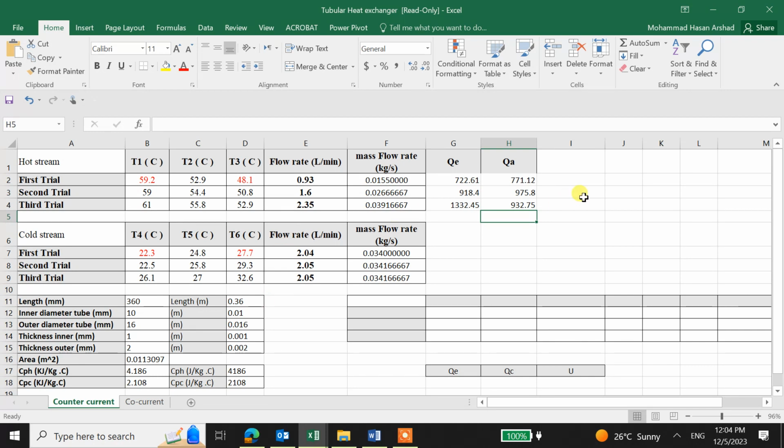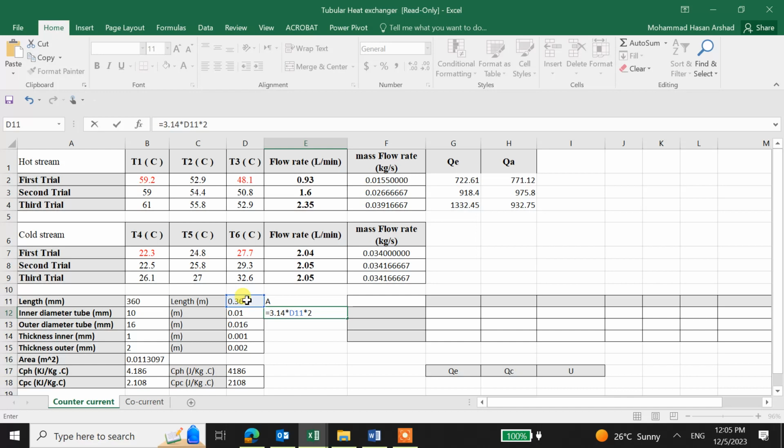Now what we need, Q emitted. We need to find the overall heat transfer coefficient, right? Area of heat transfer is pi d L, and now this times 2.